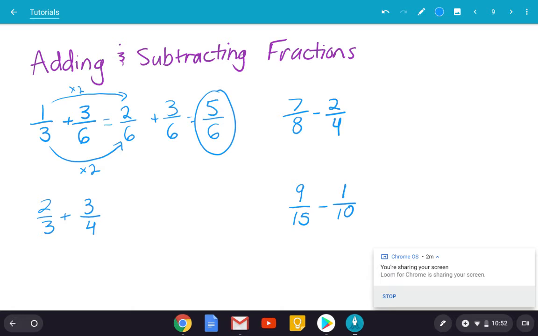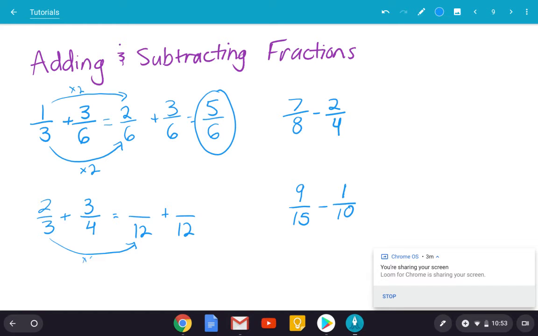Our next example, 2/3 plus 3/4. The least common denominator of 3 and 4 isn't 3 or 4. 3 doesn't go into 4, and 4 doesn't go into 3, so I need to find a number they both go into evenly. My multiples of 3 are 3, 6, 9, 12, and I know that 4 also goes into 12. So 12 would be our least common denominator. If I'm trying to get 3 to be 12, I'm trying to split thirds into twelfths.